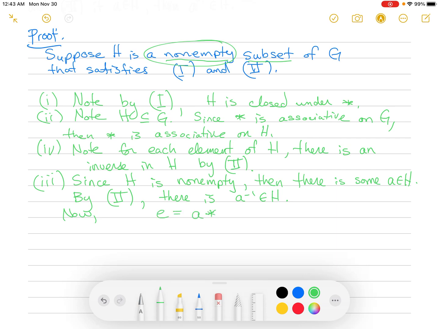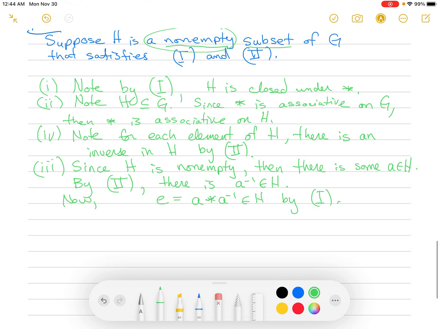Now, we know that the identity is equal to a starred with a inverse. That's always true. But if we use property 1, we have closure. So a star a inverse is in H. This is by 1, just by closure. So therefore, the identity is in H, if you just follow that line through.